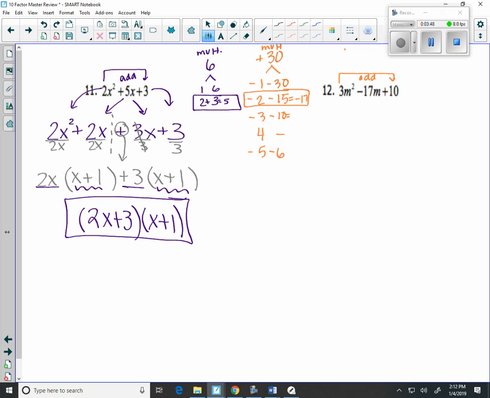Negative 3 minus 10 is negative 13. So if you were thinking of that one, you were very close. But our middle term, our negative 17, we're going to split into negative 2m minus 15m. We're just using m's here because there are m's in the problem.